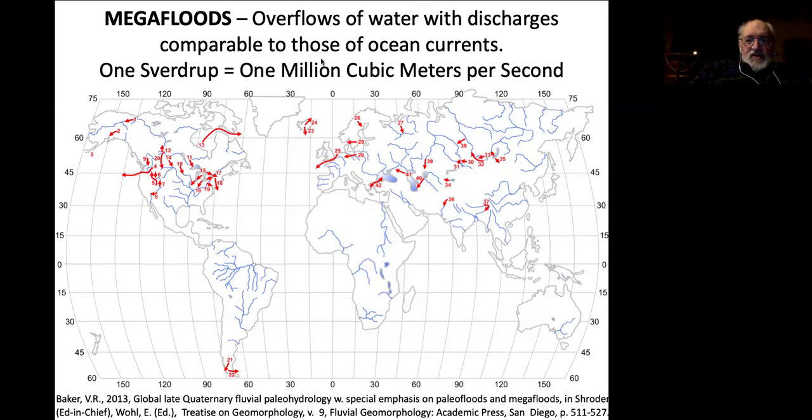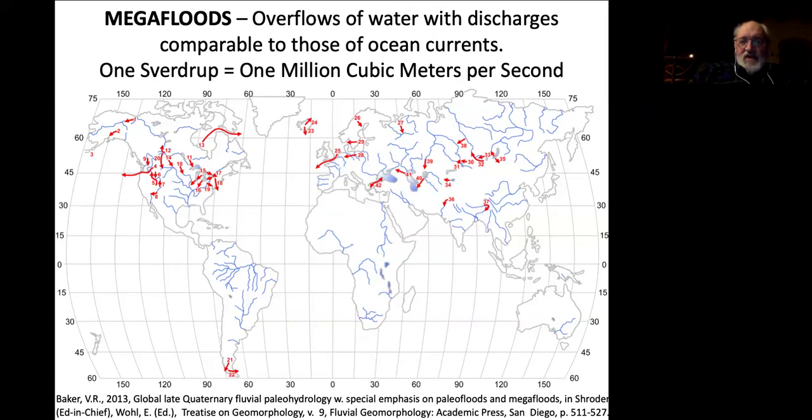Another aspect of this is that these now have a scientific term associated with them called a mega flood. And that refers to the quantity of water that flows out from these events. The measure of that is 1,000,000 cubic meters per second.